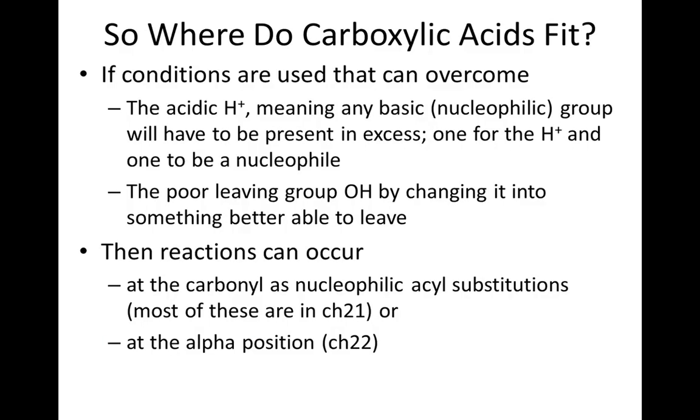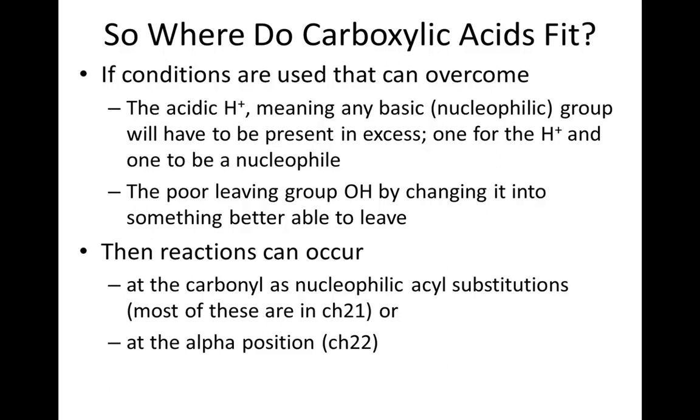What we can do is remember that these are acids, and so they do react with bases. If we wanted some kind of a nucleophile, we may have to deal with the fact that it's an acid and have extra nucleophile in there to take care of the acidity, and then have enough left over to still be a nucleophile.